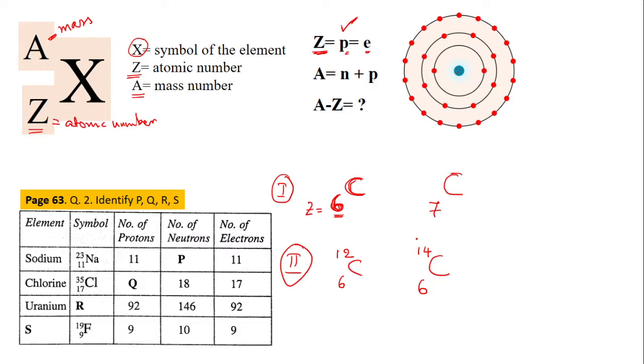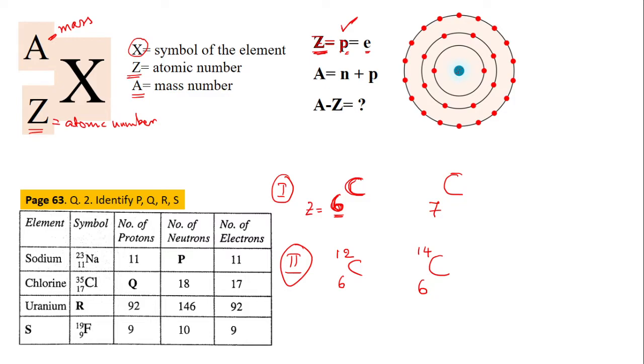Now here you see, when we say atomic number is equal to number of protons, it is because if you change the number of protons, it is the identity of that element. The number of protons is the identity of that element. If you change the number of protons, the element will change. That is a fundamental point.